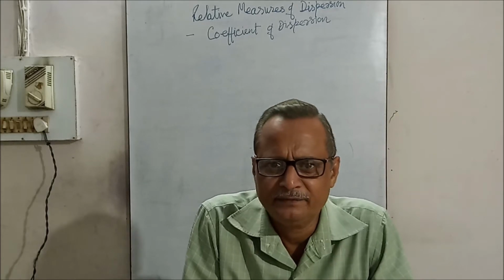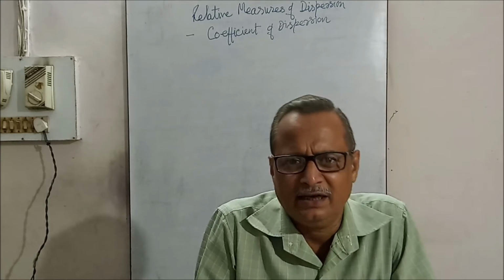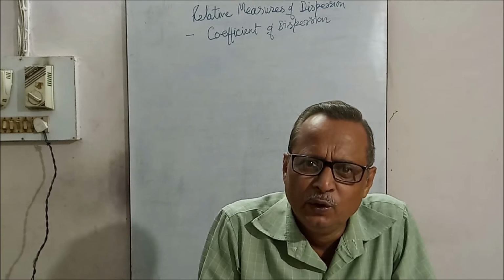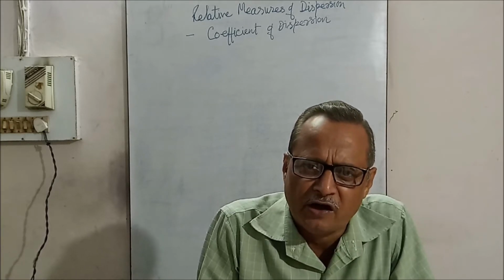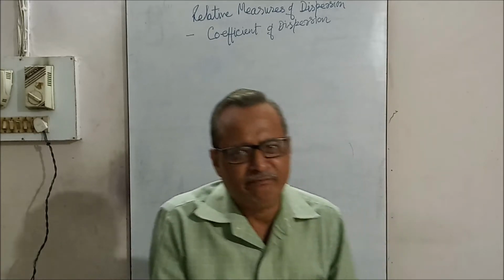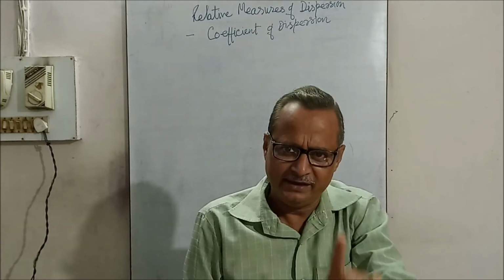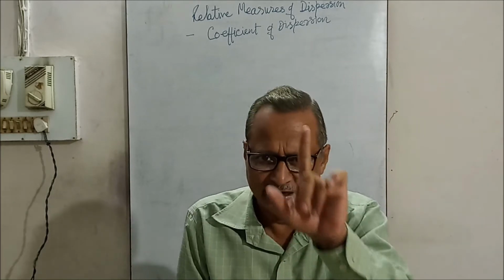So it is necessary to express relative measures, that is, to give meaning to the calculation, dispersion should be presented in relative measures. Two measures of dispersion we have studied, absolute measure and relative measure.